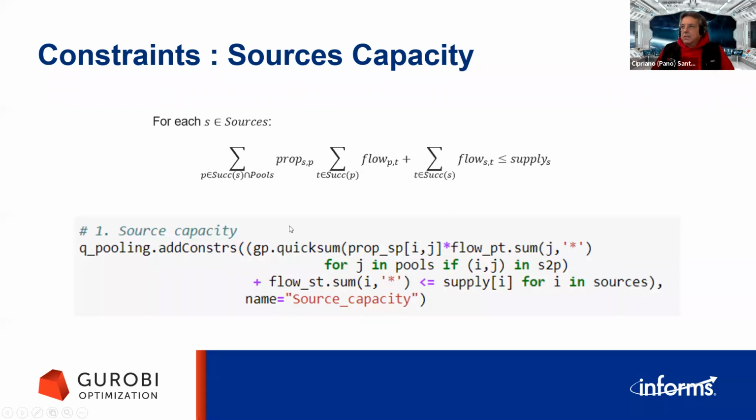The constraint essentially copies these inequalities using quicksum. So this first quicksum is exactly this term that we have here, and then this term here is represented by this. In this particular case, we don't use quicksum. We use a method called sum defined over the flow ST variables, and this should be less than or equal to the available supply at each of the source nodes.